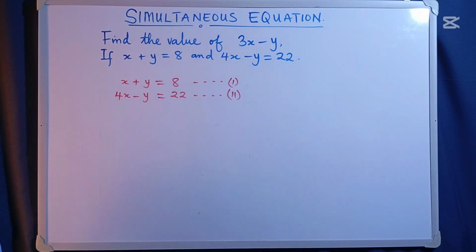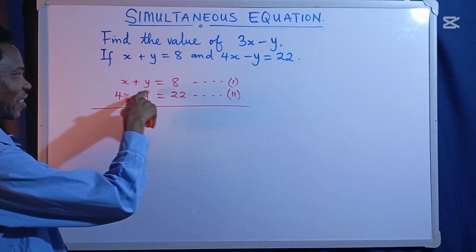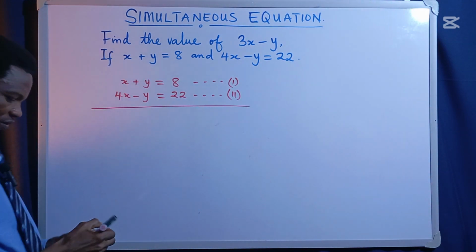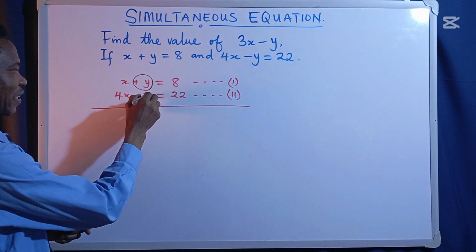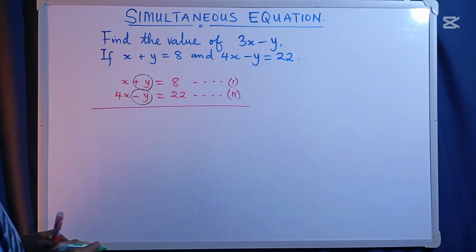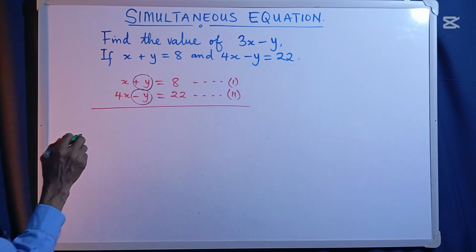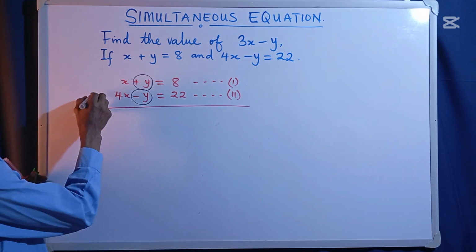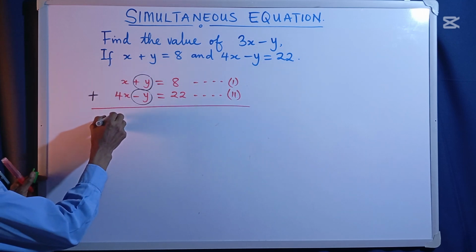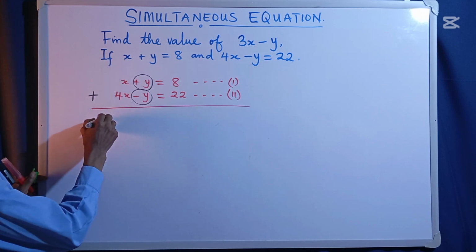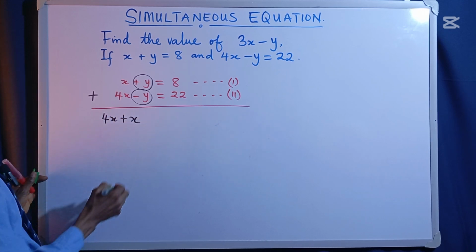Now, since we are solving simultaneous equations, look at the signs of the y: here you have plus y, minus y. How can this value become 0? By addition. So let's add these two together. That will give me 4x plus x.